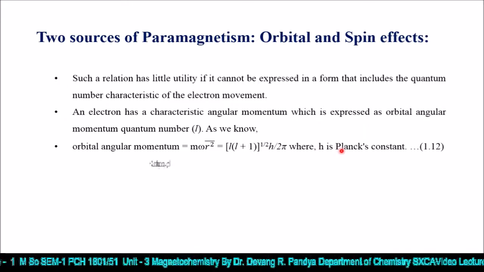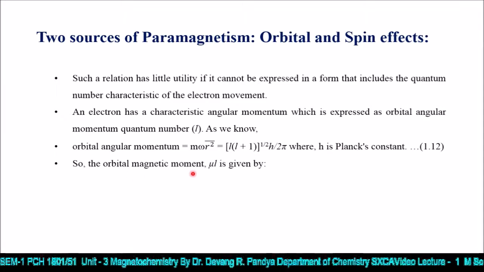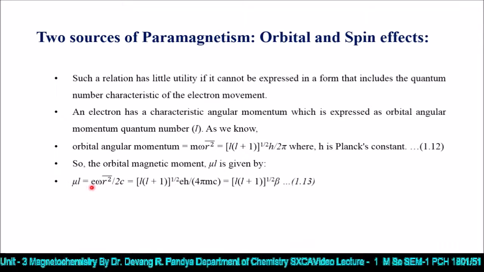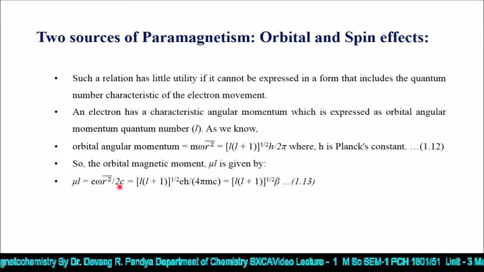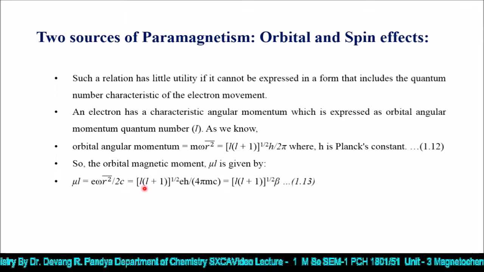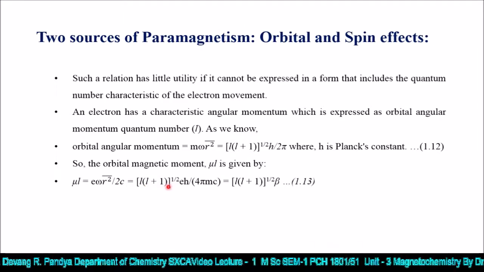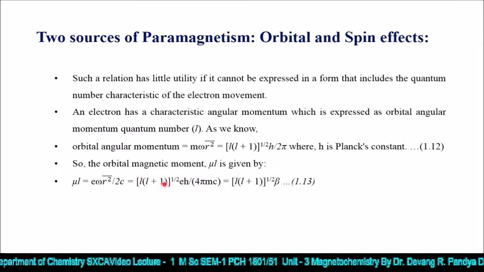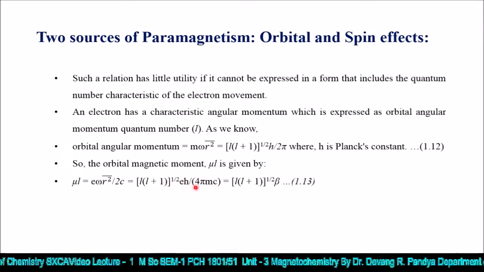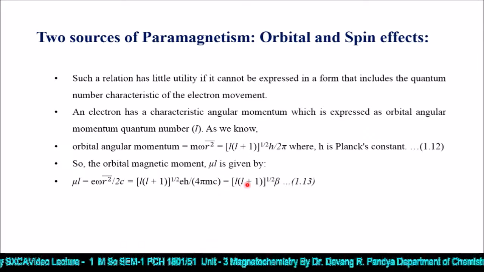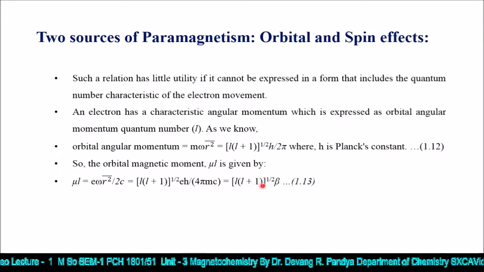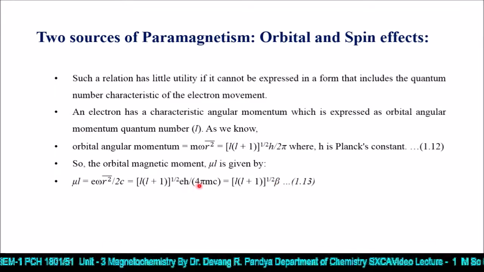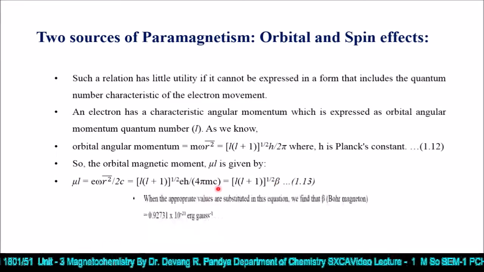is the Planck constant. So the orbital magnetic moment mu L is given by mu L is equal to e omega r square by 2c, which is equal to L into bracket L plus 1 bracket raised to 1 upon 2, that is square root, e h by 4 pi m c, which is equal to L into bracket L plus 1 raised to 1 half into beta, where beta value would be e h by 4 pi m c.